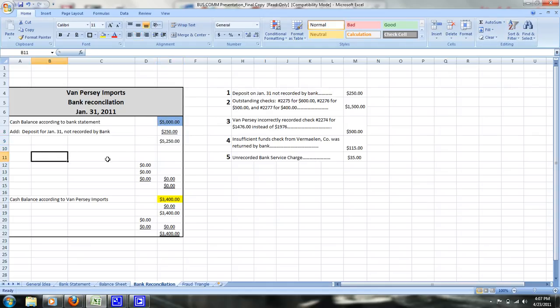Next, number 2, we have outstanding checks for $600, $500, and $400 for a total of $1,500. These are checks that we have paid out to customers or vendors and recorded on the books, but the bank has not recorded that in our account, so it's $1,500 too high in our bank account. We need to subtract that $1,500 on the bank side, so we're going to do less outstanding checks.